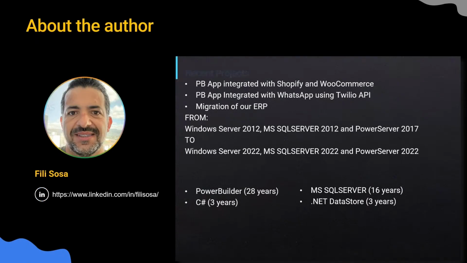About myself, my name is Fili Sosa. In my recent projects, I did integration of my PowerBuilder application with Shopify and WooCommerce. Also, we integrated our application with WhatsApp using the Twilio API.